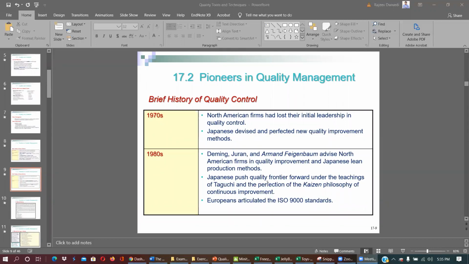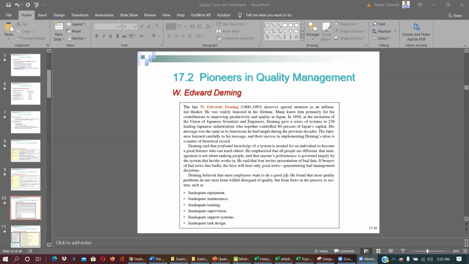Then in the 80s, Deming, Juran and others came, and the Kaizen philosophy and Six Sigma, which you might know about, and now ISO standards in Europe. You might be hearing a lot of these jargons in business process management and quality control. There is a Deming Award, there is ISO certification, there are many quality certifications.